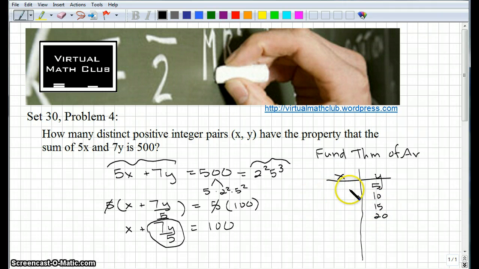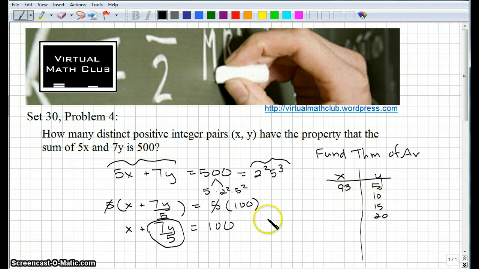If y is 5, then we get this term equal to 7, so 7 times 5 over 5, which is just x plus 7 is 100, which would tell us that x has to be 93.